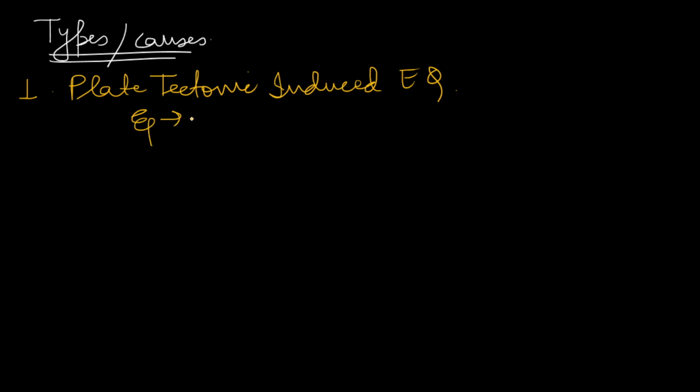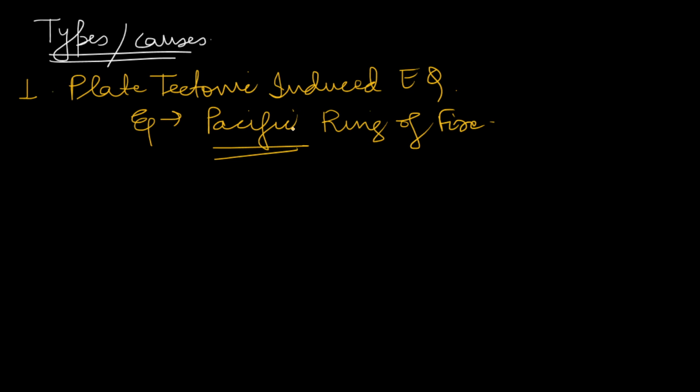For example, you can observe this in the Pacific Ring of Fire, the place where the maximum number of earthquakes on earth take place. More than 60% of earthquakes of our earth take place near the Pacific Ring of Fire.